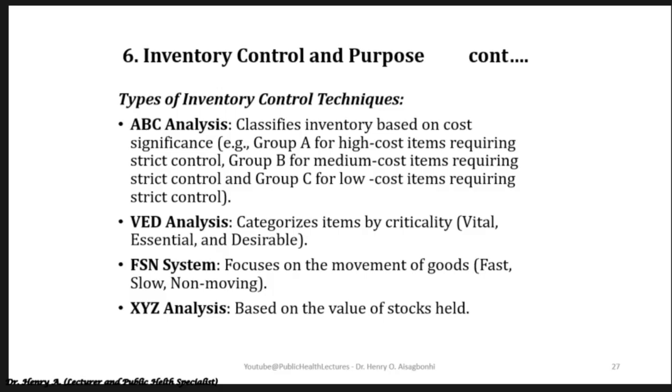You have the non-moving items that are obsolete or expired. They are not used. So you categorize them properly during your inventory control so that you know which is which and we don't mix them up.